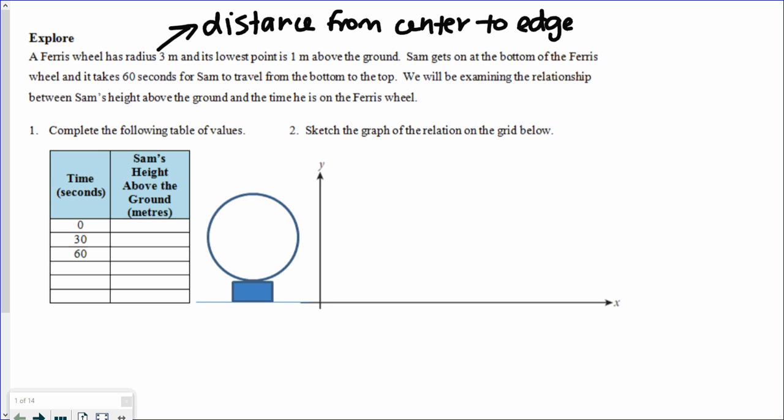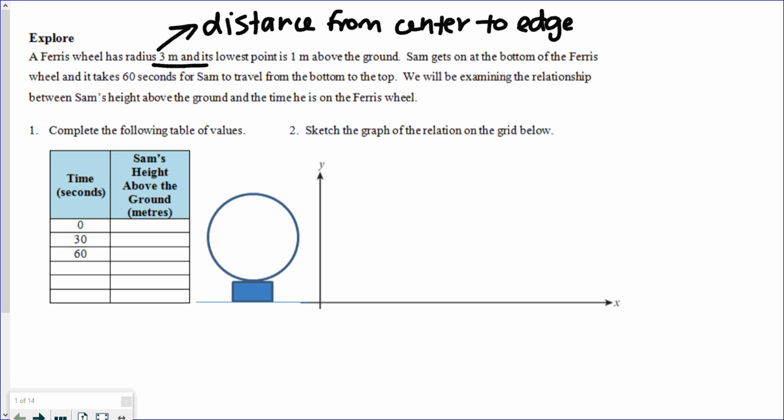So it has a radius of 3 meters and its lowest point is 1 meter above the ground. Sam gets on at the bottom of the Ferris wheel and it takes 60 seconds for Sam to travel from the bottom to the top. It's a pretty slow Ferris wheel, but I guess it'll do. So we'll be examining the relationship between Sam's height above the ground and the time he's on the Ferris wheel.